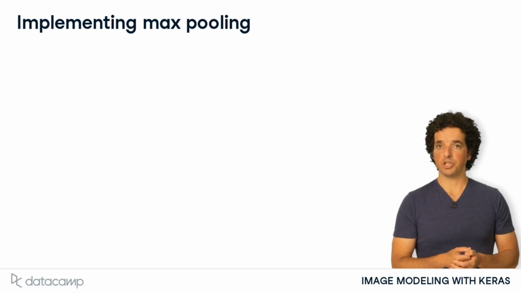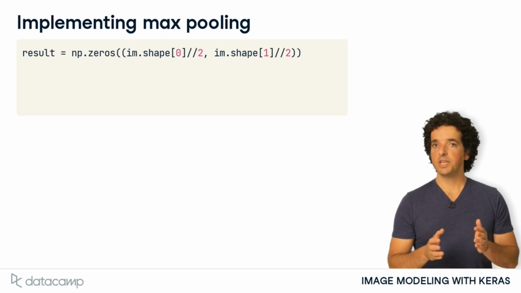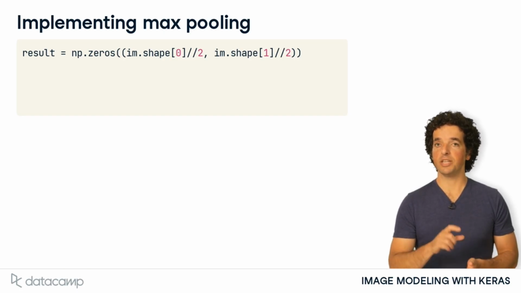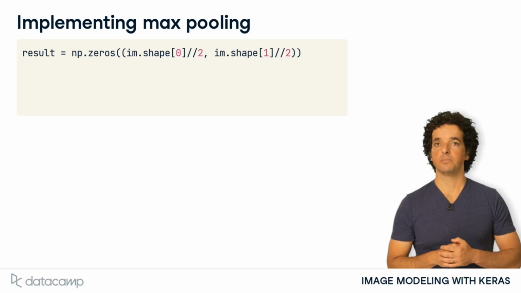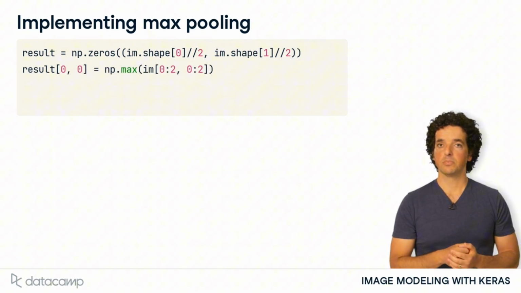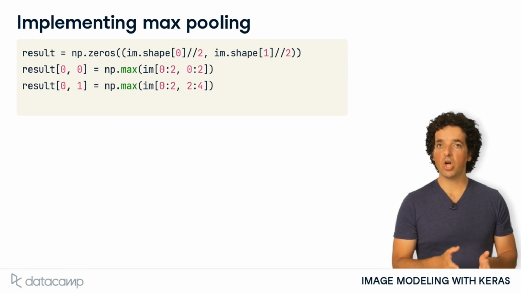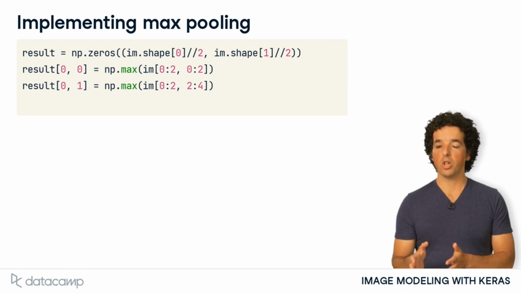To understand this operation, let's see how to implement it. We start by allocating the output. This has half as many pixels on each dimension as the input. We start from the first coordinate in the output, calculating the maximum of the image in the first two coordinates on each dimension of the input. Next, we slide along the window by 2 pixels along the first dimension, calculating the maximum for this window.